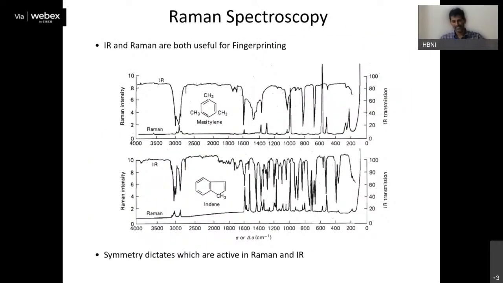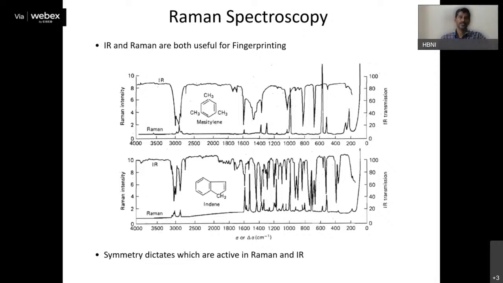As I already mentioned, Raman scattering and IR are complementary, and it also depends upon the symmetry. If your system is centrosymmetric, then the IR and Raman modes are mutually exclusive; the selection rule is such that if a mode is IR active, it won't be Raman active, and vice versa.